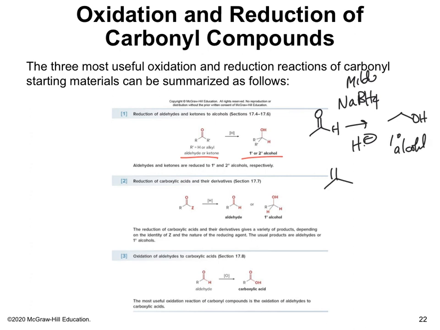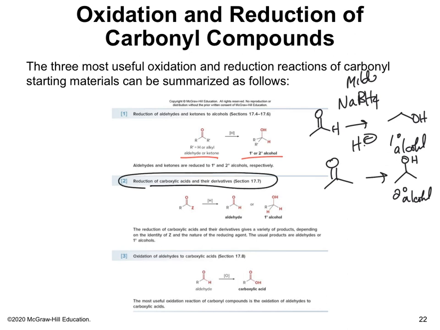If you have a ketone and you deliver sodium borohydride, you will get a secondary alcohol. Reduction of carboxylic acids, you have to use really strong reducing agents. It's very hard to stop at the aldehyde, and this is talked about in later chapters. Oxidation of alcohols to carboxylic acid, this is the Jones reagent. You have already gone through this one.